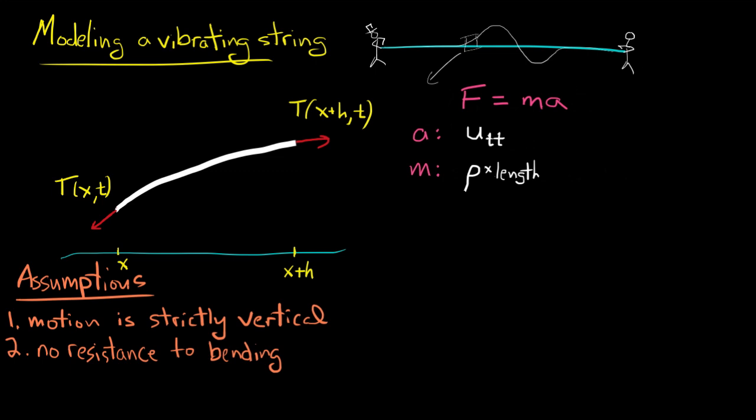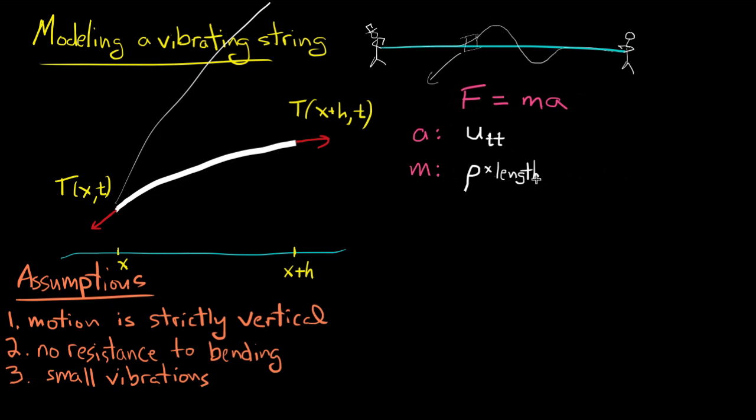So let's add the assumption that the displacement of the string is small. So small vibrations. And what does this assumption do for us? Well, a small vibration means that the string is very flat. It's not wiggling a whole lot. A large vibration would look like this, right?